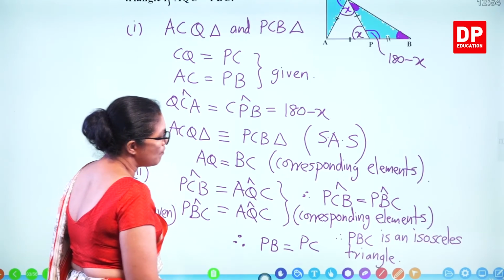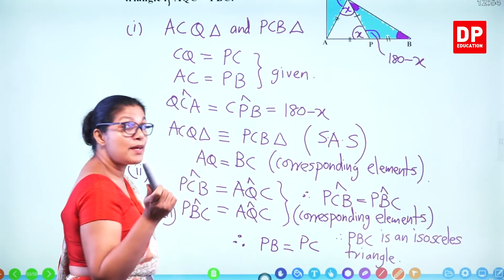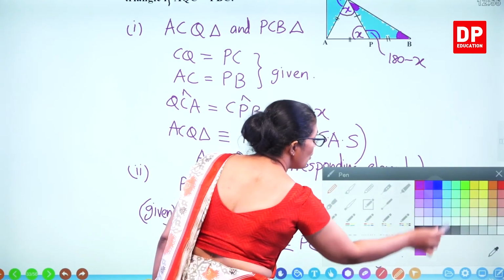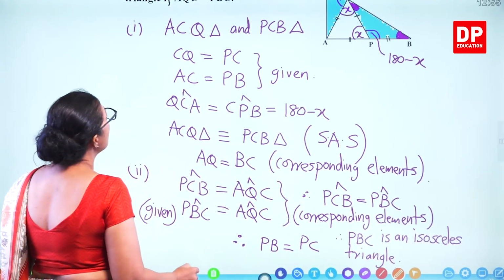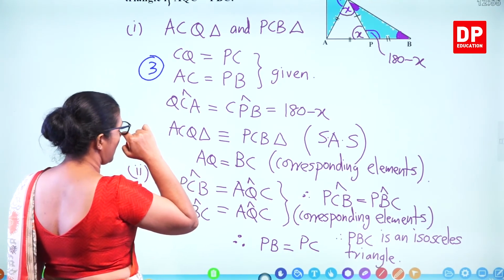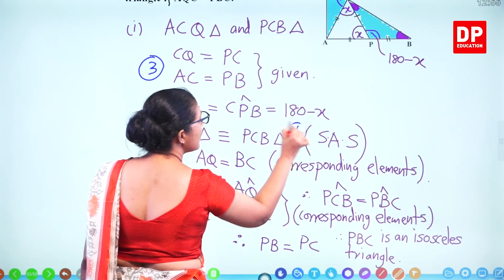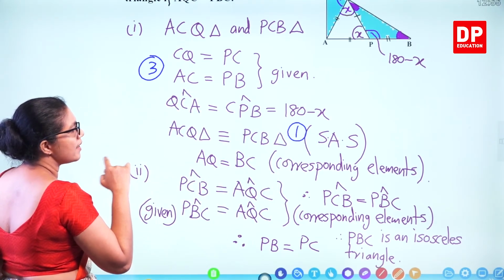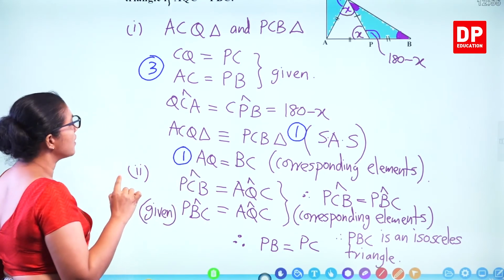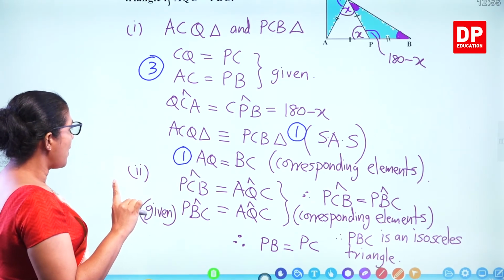Now we can give marks for this part. We have another part. So we'll give marks for these two questions. So I can give 3 marks for congruency and 1 mark here showing that this is SAS and corresponding elements, 1 mark. That's 5.